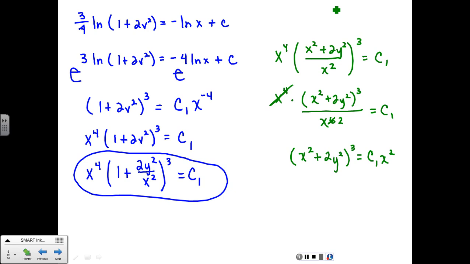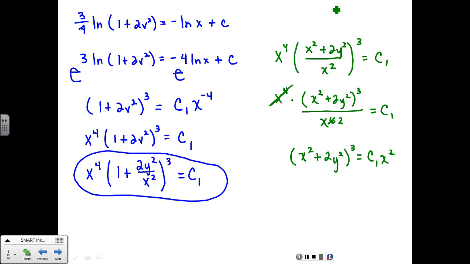But man, I could keep on going with it. You're never going to get that solved for y. Or could you get it solved for y explicit? Yes, you could. What can we do to get it solved for y explicit? Well, get rid of that cube by taking a cube root, right?